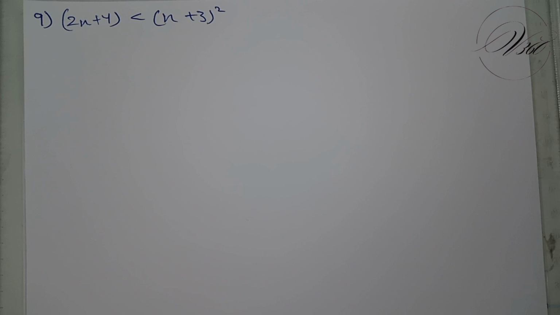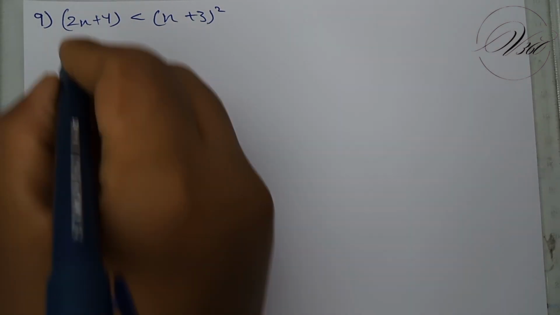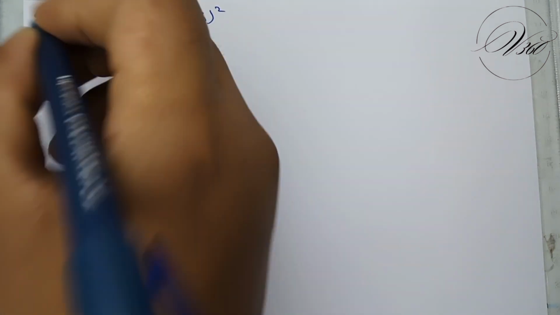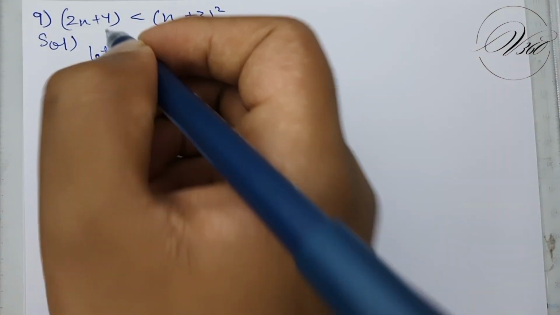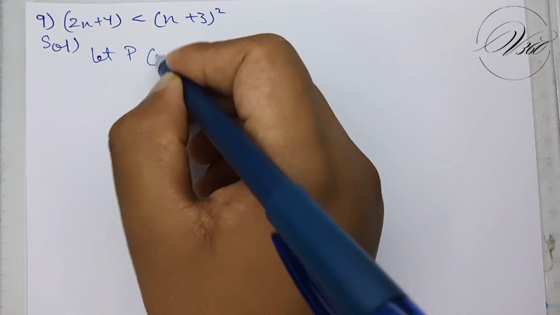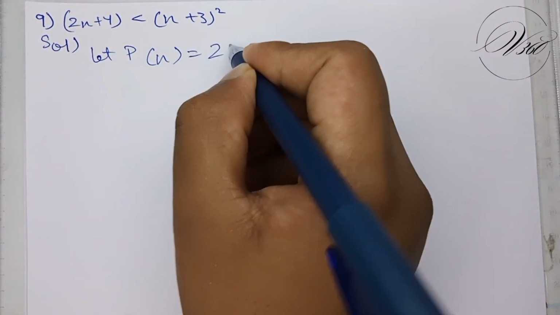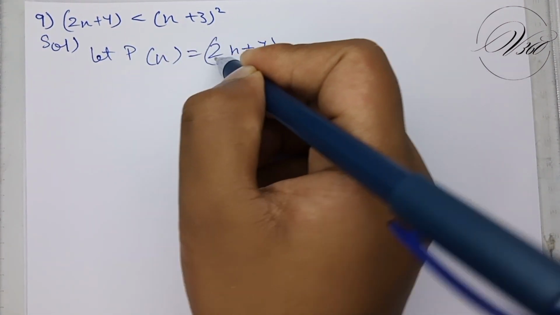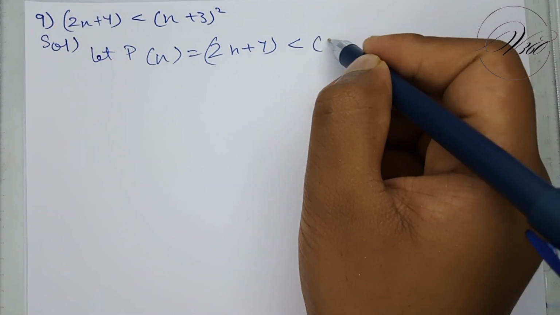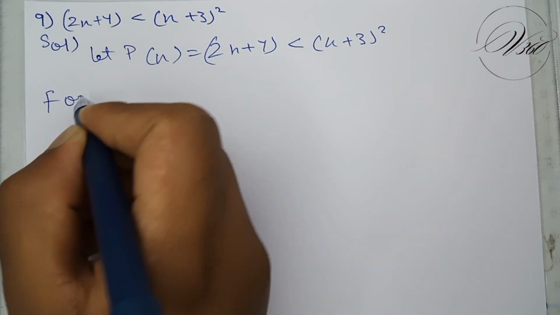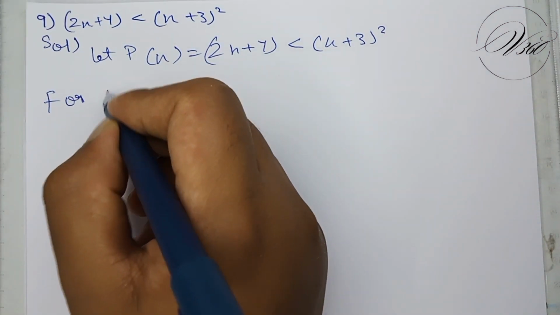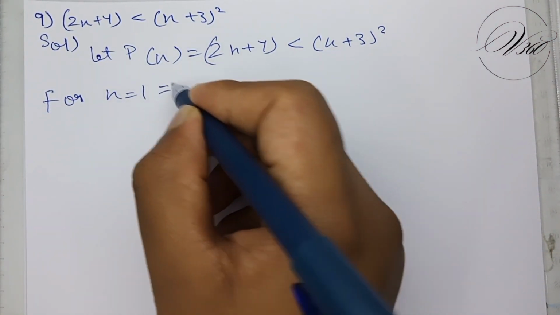2n plus 7 is smaller than (n plus 3) whole square. Okay, now let us solve. Let P of n be 2n plus 7, which is smaller than (n plus 3) whole square, for n is equal to 1.